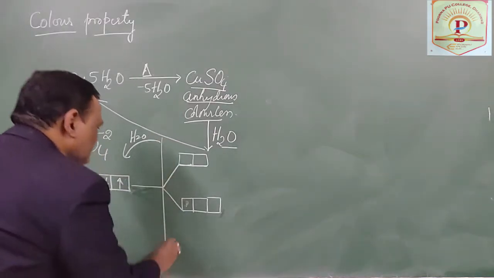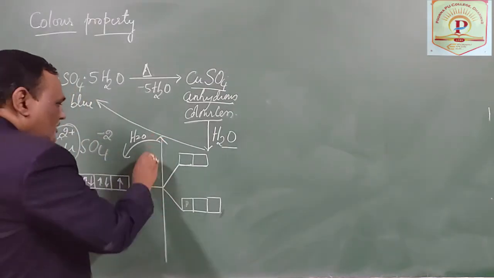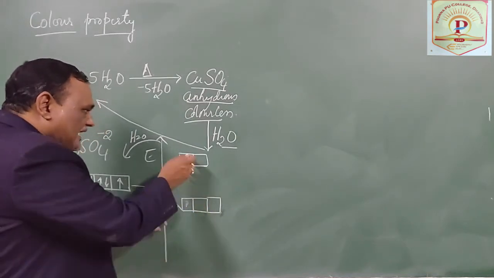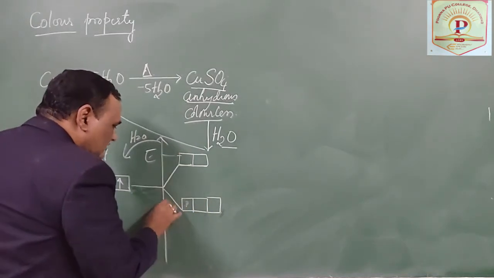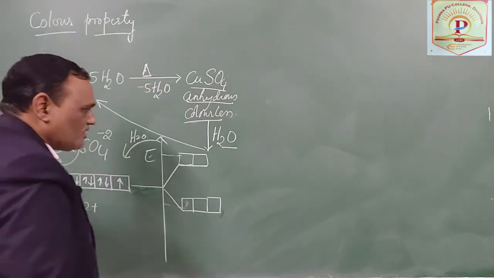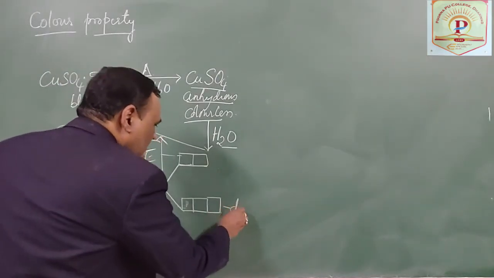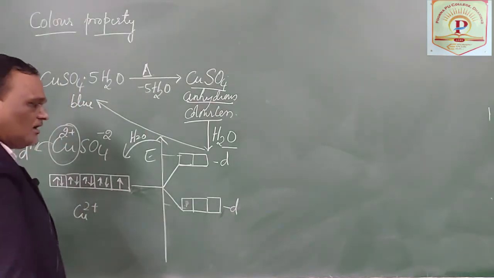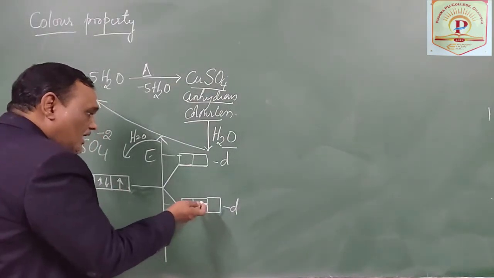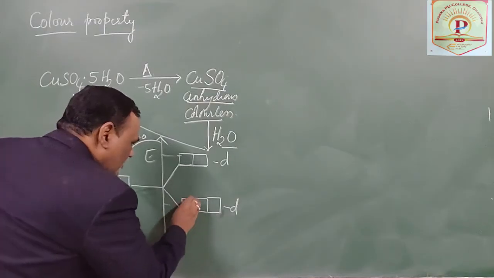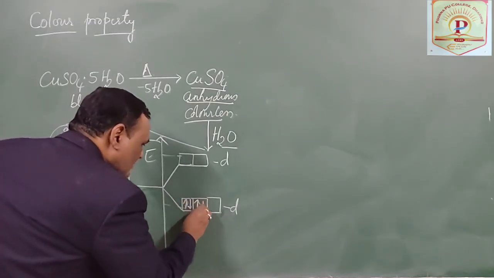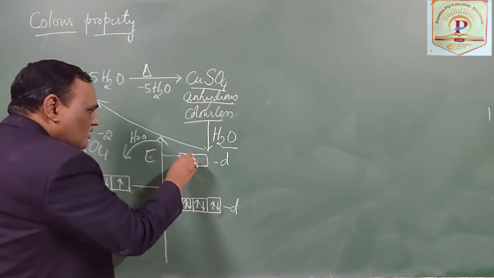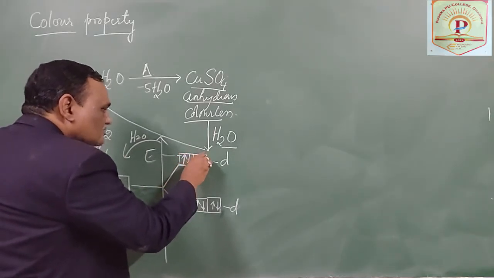Now this is the energy axis. The energy of these 3 orbitals and the energy of these 2 orbitals, the 2 sets of orbitals, are different. Now this is also d orbital and this is also d orbital. Out of 9 electrons, these 3 orbitals will accommodate 6 electrons, and these 2 orbitals will have the remaining 3 electrons.